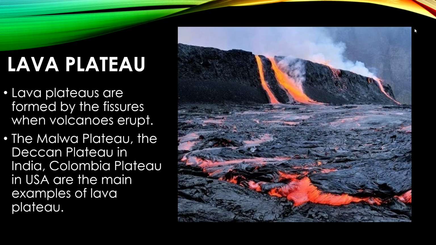The next is the lava plateau. So, as the name indicates, lava plateaus are formed by the fissures when volcanoes erupt. The Malwa Plateau, the Deccan Plateau in India, and the Columbia Plateau in USA are the main examples of lava plateau.